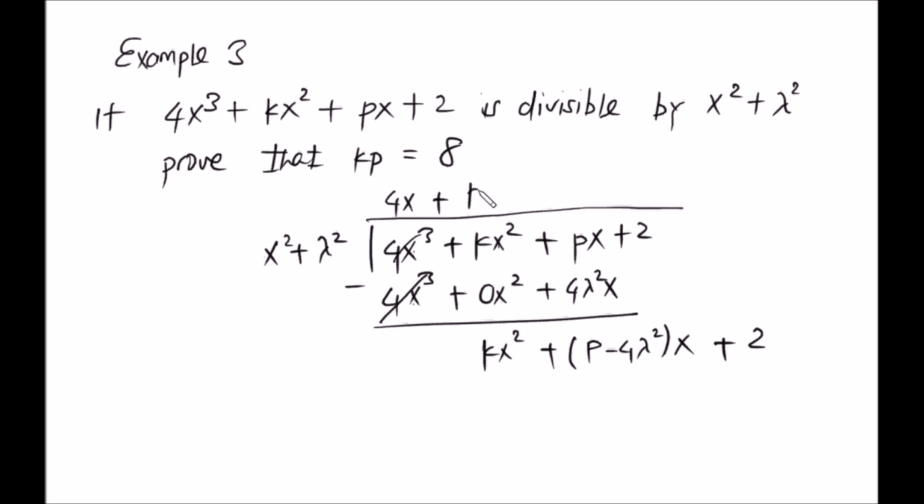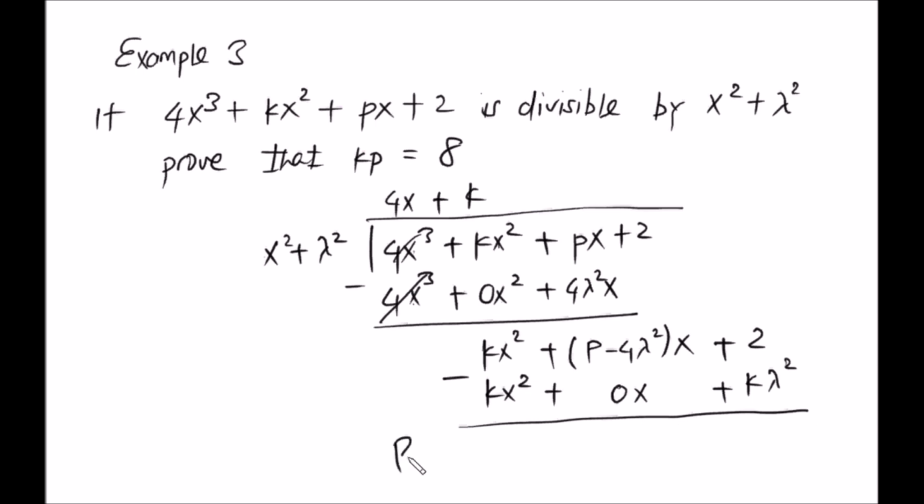Now I'm going to add with k. So k times huyu ni kx squared plus, so this is 0x plus k alpha squared. So I'm going to minus.